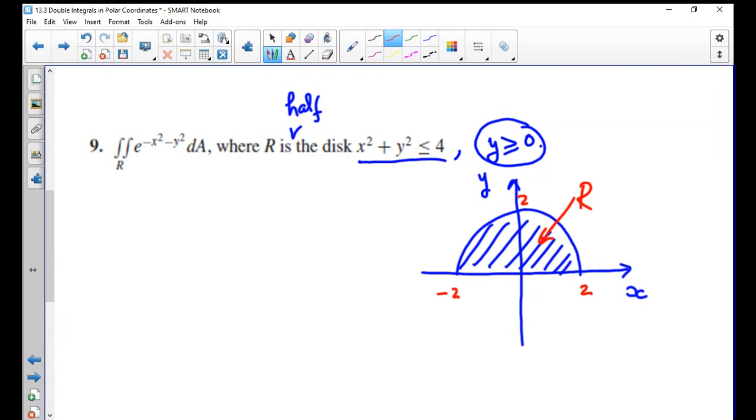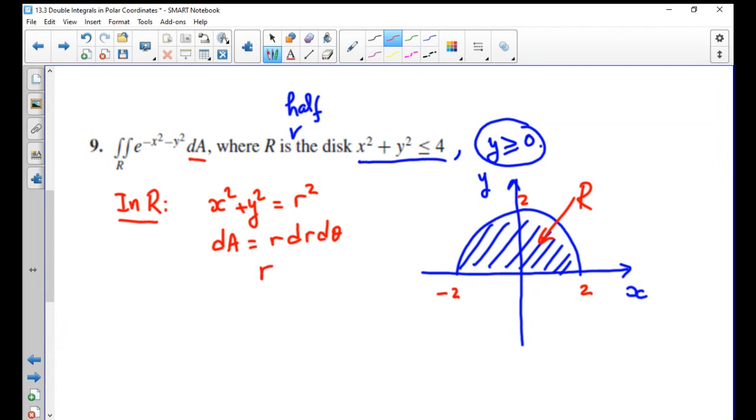Okay, now in this region R, of course, again, x squared plus y squared will be r squared, as always. dA will be r dr d theta.